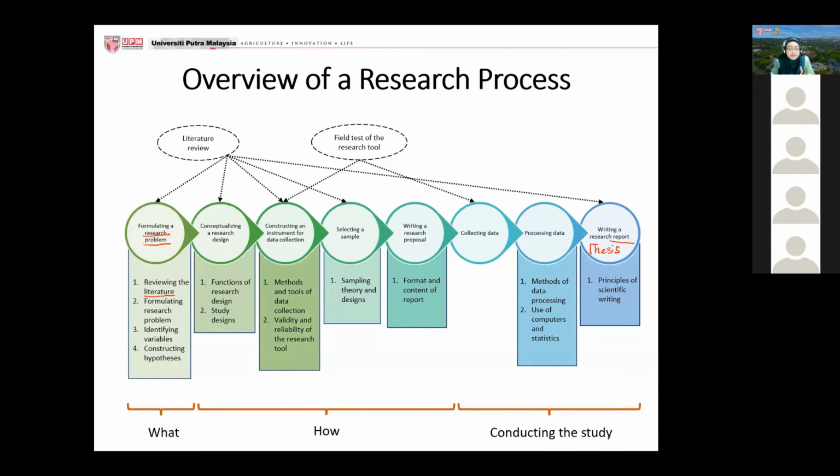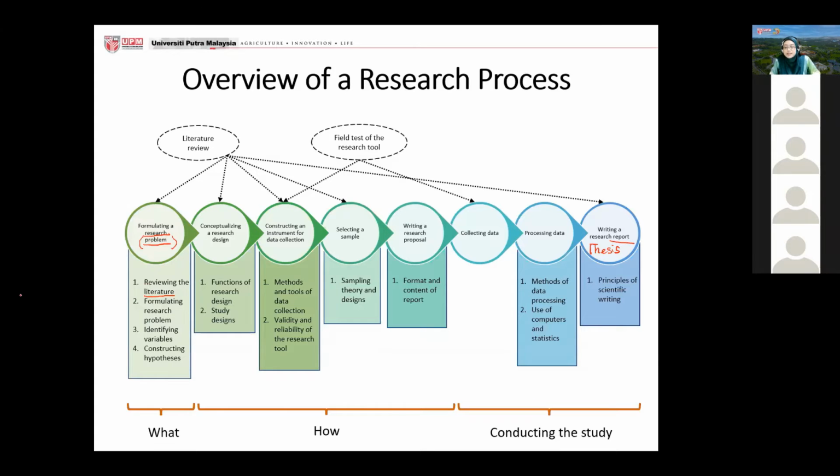That could be one of your justifications for why you want to study that subject. But basically, the highlight is the research problem, and from there you can see the link towards what is around you.